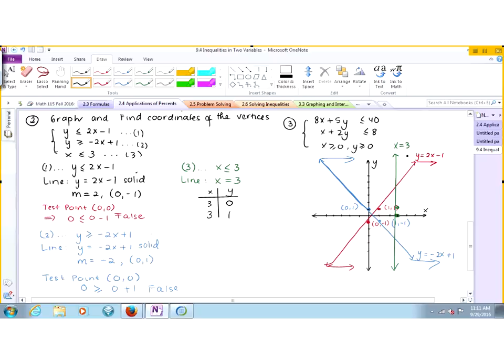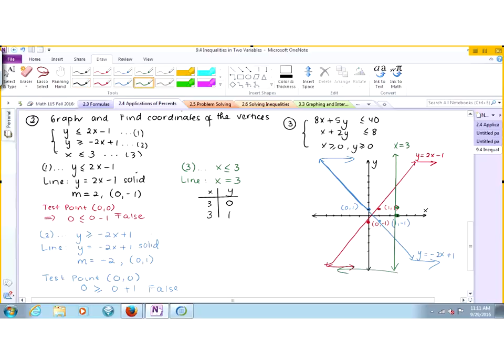Yeah. Okay, so which one is less than 3? Do you need to choose a test point here or not? Test point here is optional, right? Because you know which one is less than 3. The one to the left. This is x equals 2, this is 3, 2, 1, 0. This is less than 3.